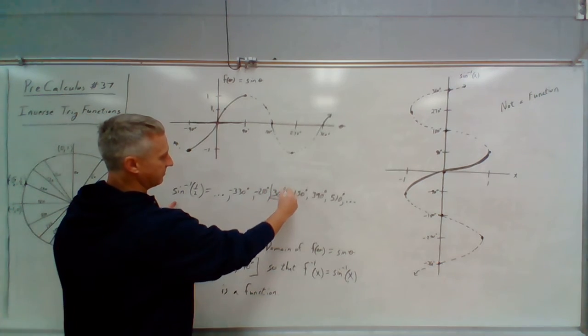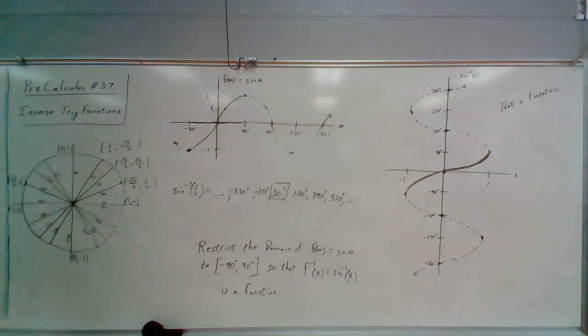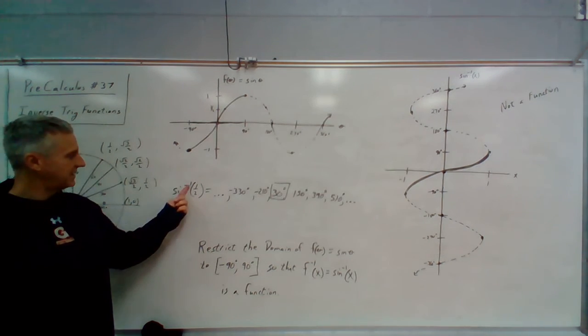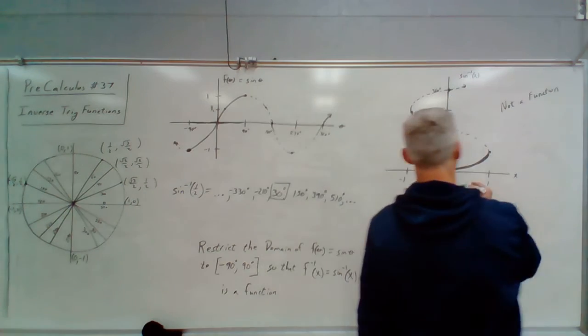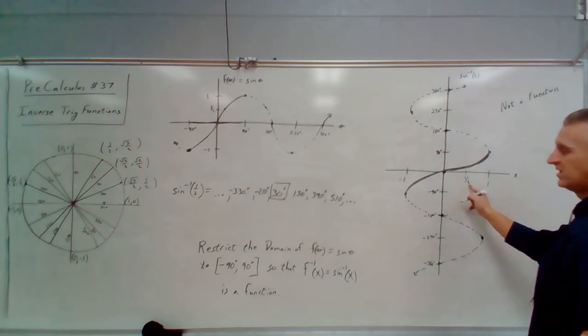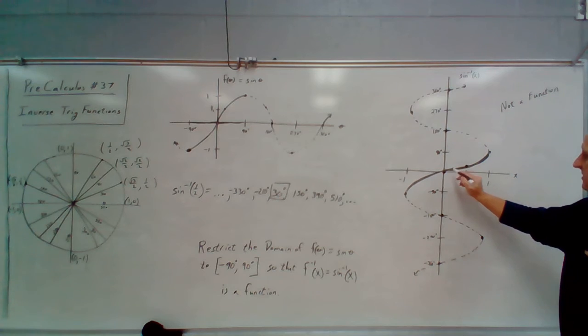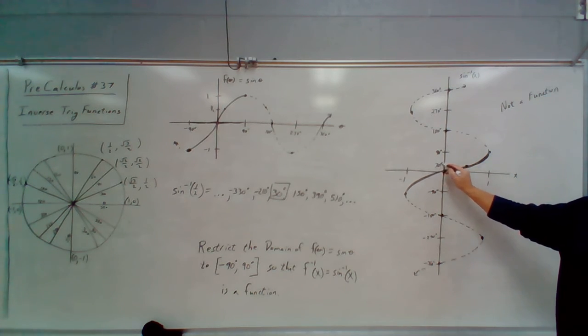So it would be this one, 30 degrees. So if you ask your calculator for the sine inverse of 1/2, it's going to tell you 30 degrees. If you put 1/2 into the function, it's going to tell you 30 degrees.